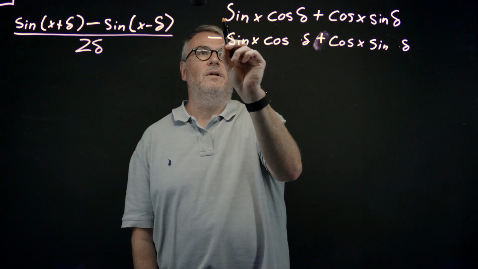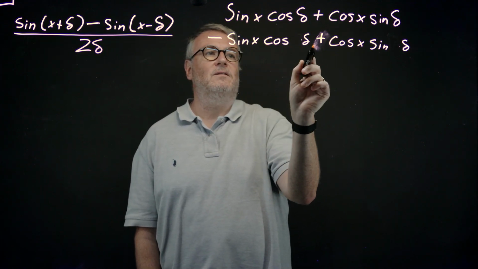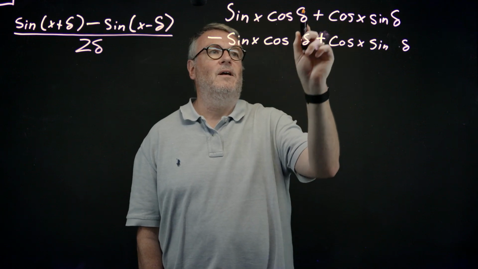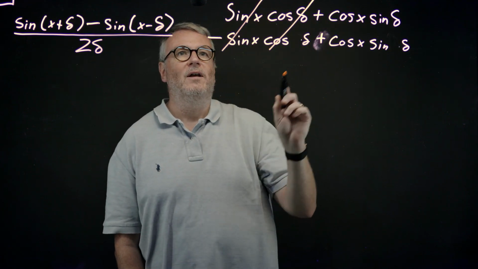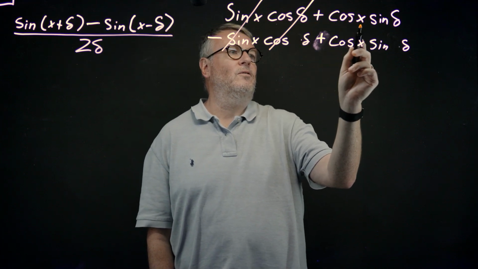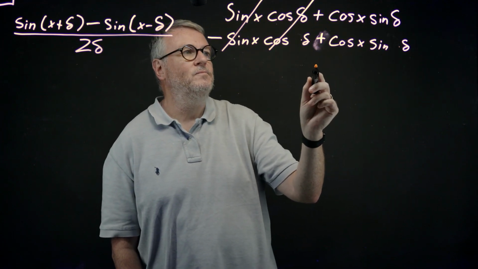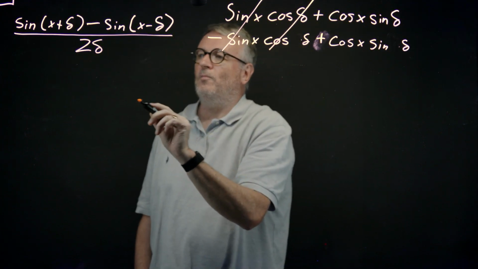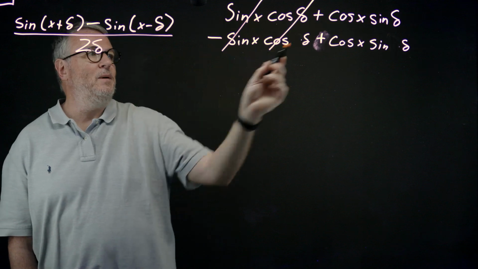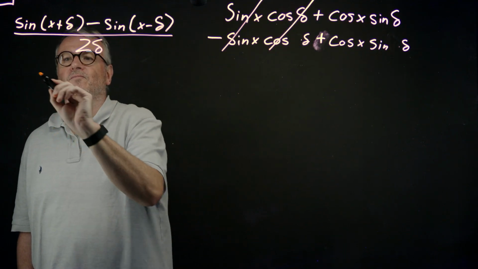Of course, we can see sine x cos delta minus sine x cos delta, one thing minus another. These two terms cancel out. And here I've got cos x sine delta, cos x sine delta. I'm adding 2 of them. So what I've got on the top line is basically just 2 times cos x sine delta.